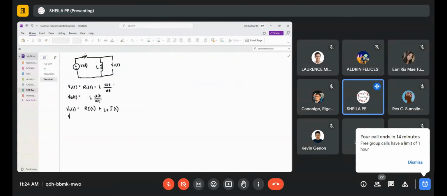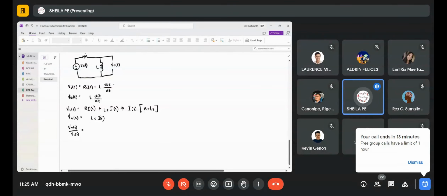You take the Laplace of our output. So that's L s I(s). I'll just not put it. Factor out I(s) R plus L s. Now taking the transfer function, output over input.